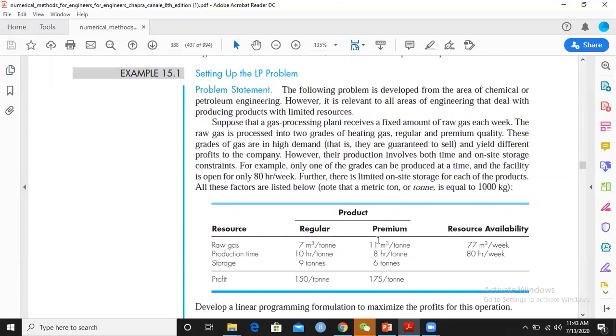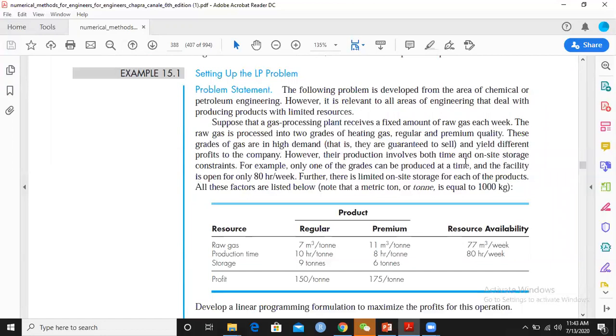Okay, so we have made a table here. All right. So the raw gas is processed into two grades of heating gas, regular and premium quality. These grades of gas are in high demand. That is, they are guaranteed to sell and yield different profits to the company.